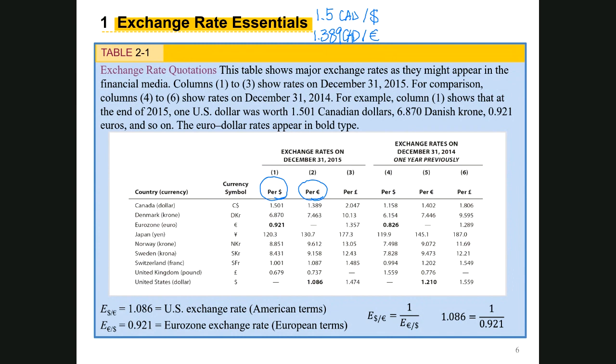By the same token, now if the foreign country is not euro, not the US, it's the UK, the foreign country's currency right now is the British pound. One British pound could exchange for 2.047 Canadian dollars. That's how to interpret this table, right? So you could treat it like this.